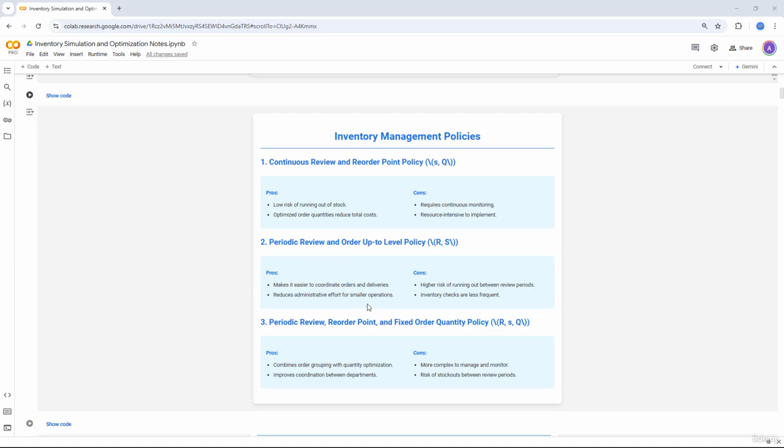In this course, we would mostly be looking at the continuous review policy, and continuous review policy has two main parameters: the reorder level or the reorder point, and the economic order quantity or the reorder quantity.